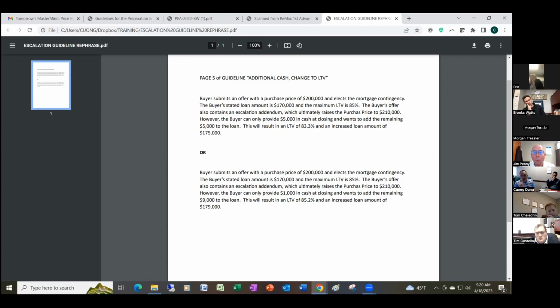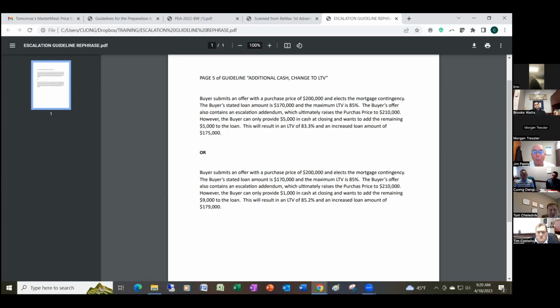The buyer's offer also contains an escalation addendum, which ultimately raises the purchase price to $210,000. However, the buyer can only provide $5,000 in cash at closing and wants to add the remaining $5,000 to the loan. So they increase the price 10 grand. They can't put all $10,000 down.